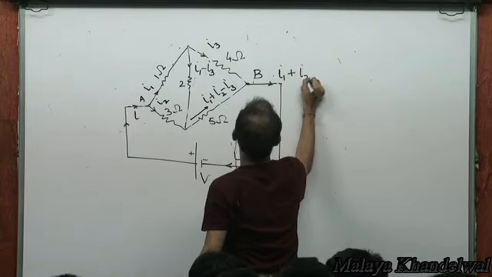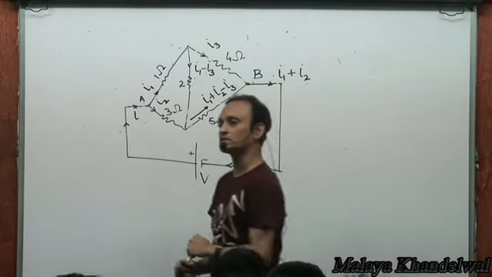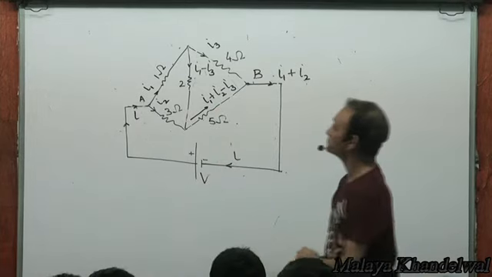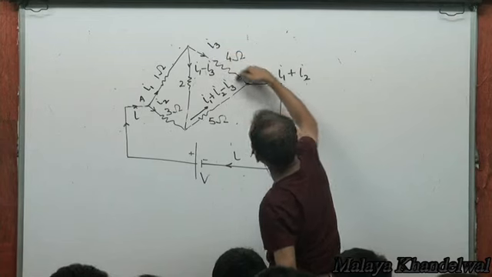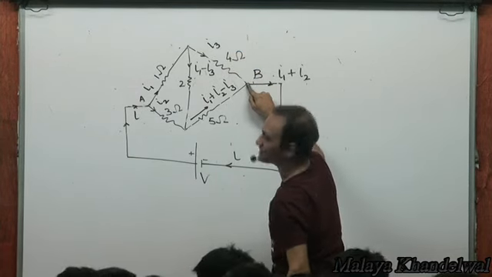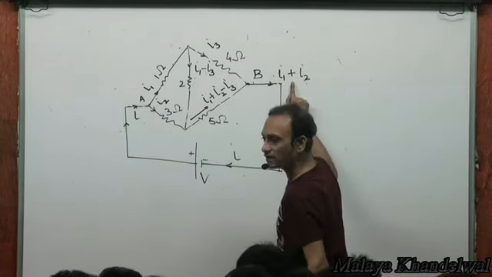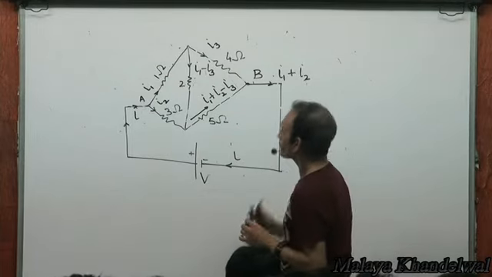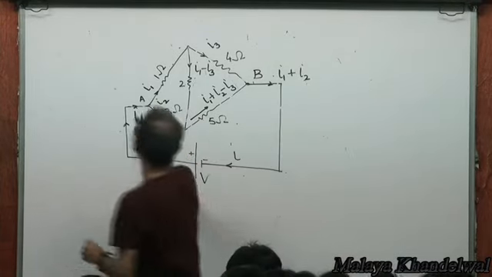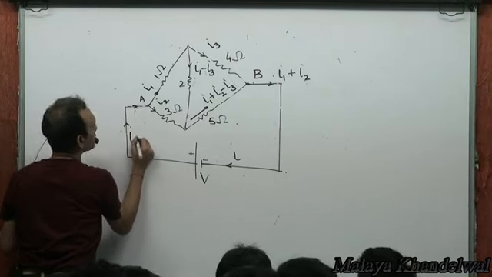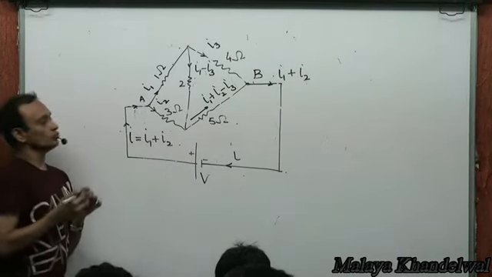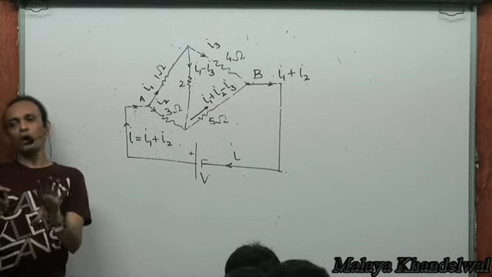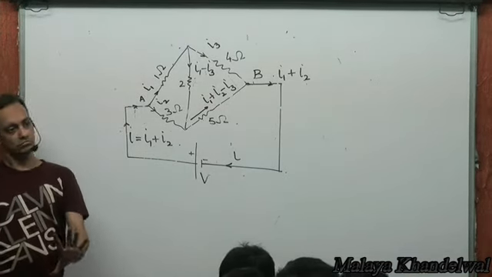All currents are balanced now. Yes or no? Yes, and I1 plus I2 was actually I. So do you realize all junctions are balanced? KCL.